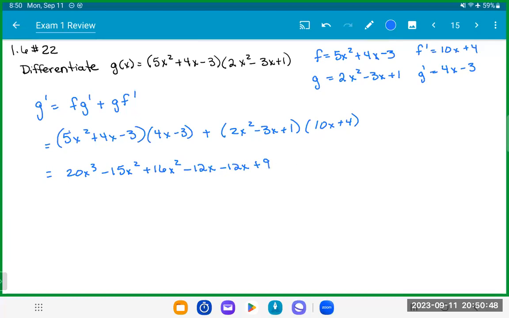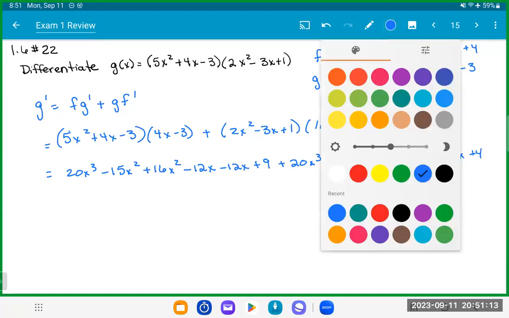Now we're on to the second set of terms. We have 2x times 10x, so that's plus 20x cubed, plus 8x squared, minus 30x squared, minus 12x, plus 10x plus 4. Okay?